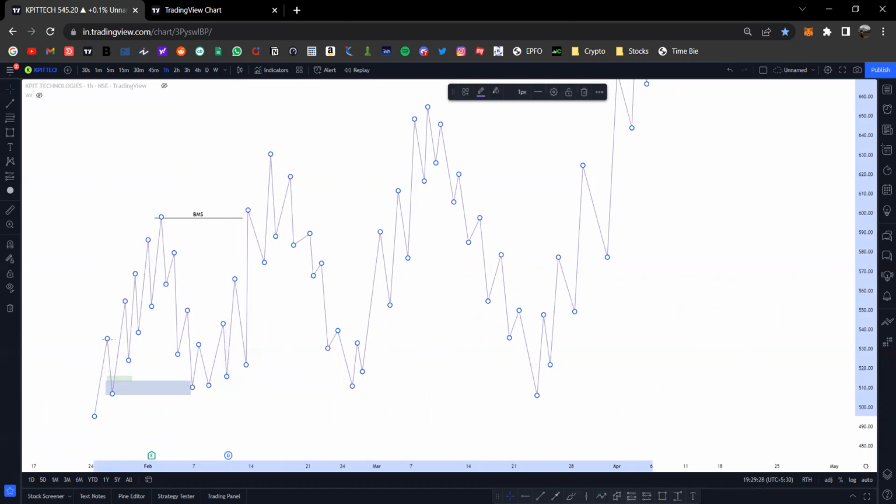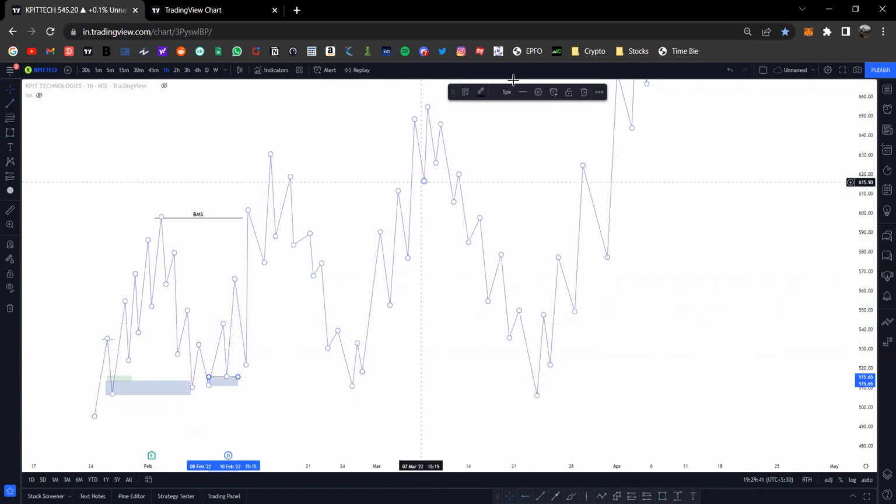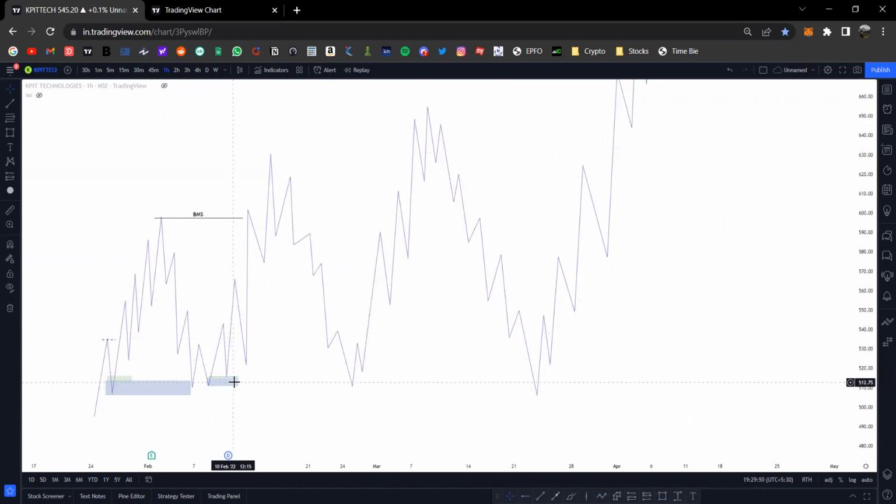Like this, you can assume this low might also have some sort of imbalance just above a little of this one. And this one has imbalance, this line. Price came in here and mitigated this one and gave a nice reaction toward the upside.